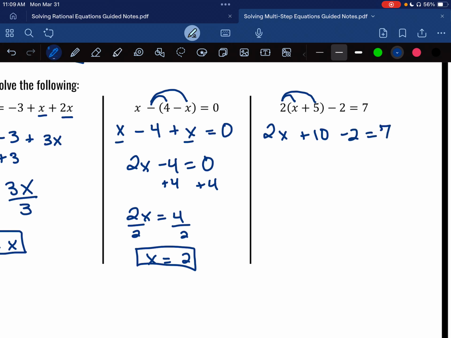I have a 10 and a negative 2. So I'll combine those first. I'll end up with plus 8 is equal to 7. I'll subtract 8 from both sides. I'll get 2x is equal to negative 1. And I'll divide both sides by 2. I'll get x is negative half.